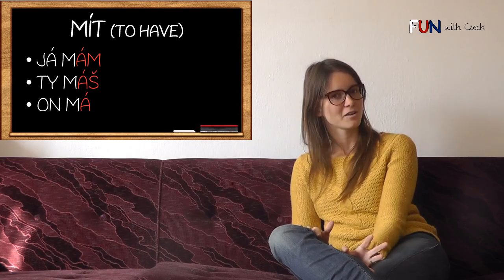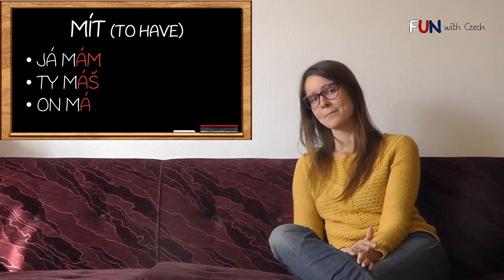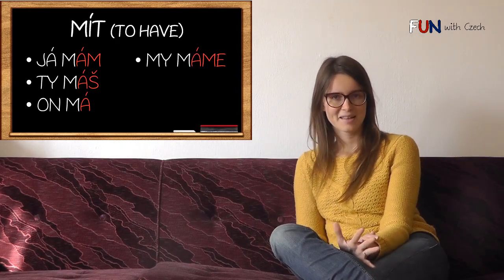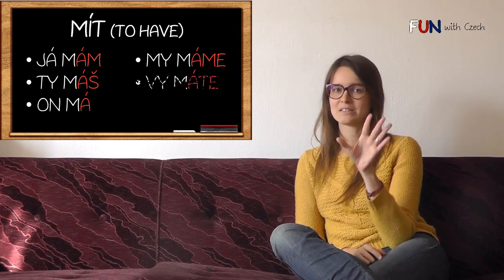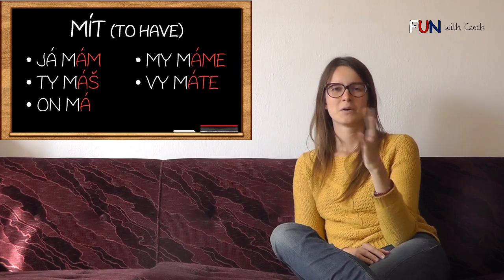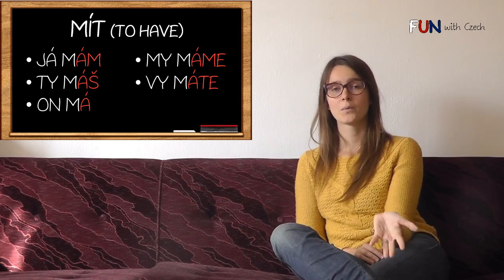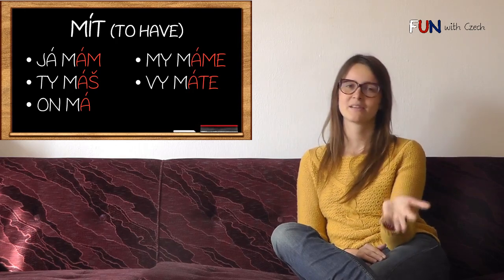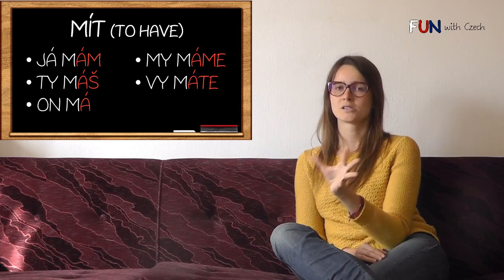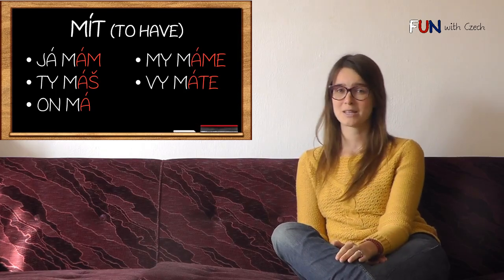Then for the plural, which is also pretty useful, it would be máme, we have, and máte, you have. It can be you have either when we are talking to a group of people that we know or we don't know, it actually doesn't matter, or when we are being formal with one person. So you remember the tykání and vykání that we introduced in the first episode.